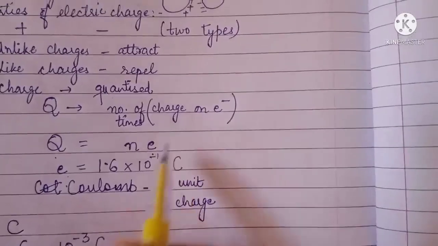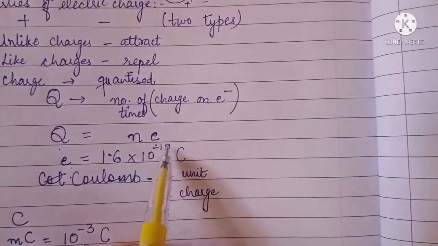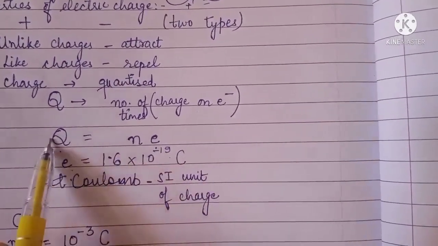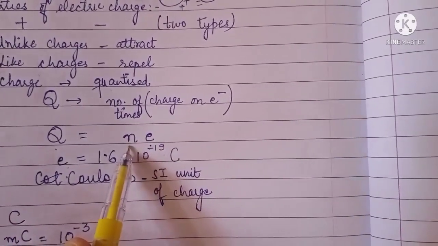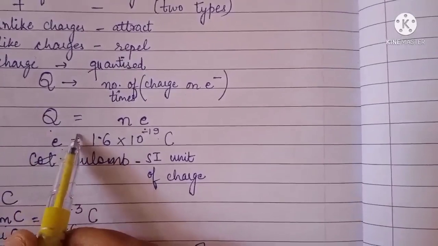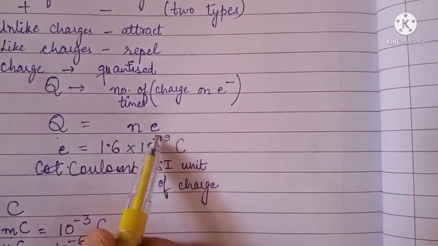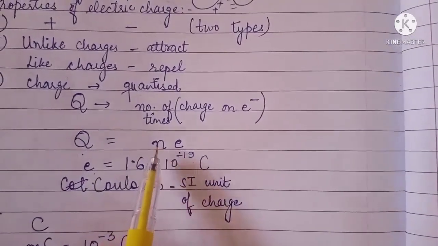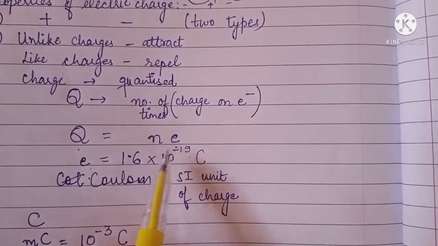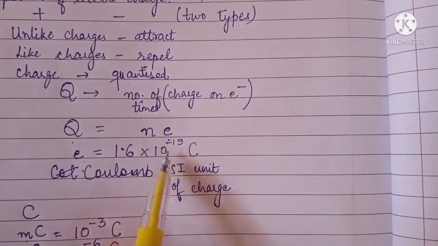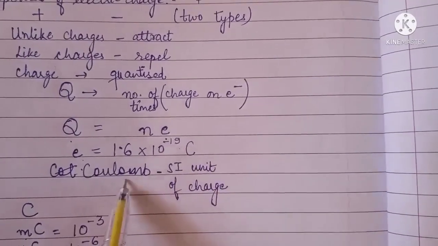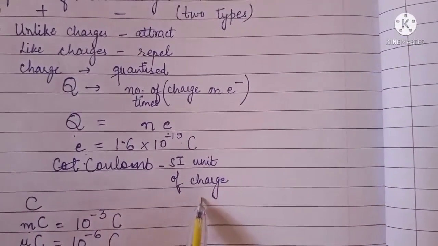So if the electron charge is 1.6 × 10^-19 coulombs, the total charge will depend upon how many free electrons are there. So total charge Q = n × e, where n refers to the number of electrons and e refers to the charge on one electron, which is 1.6 × 10^-19 coulomb. Coulomb is the SI unit of charge.